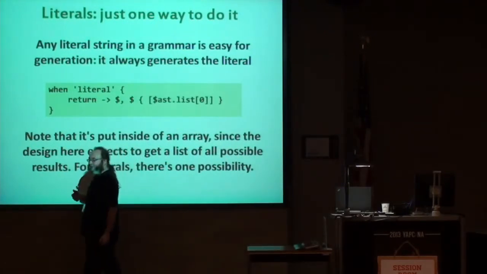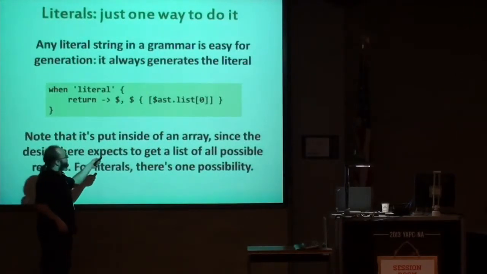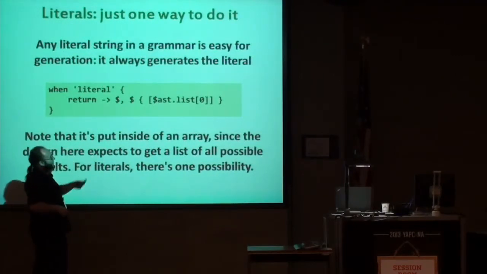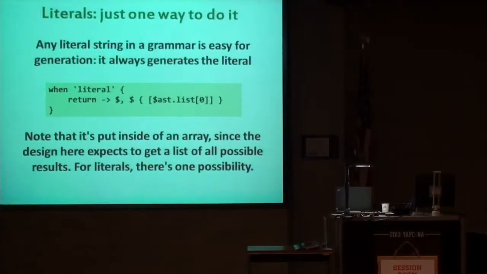And we always should return a lazy list. But in this case, we don't need to care about the lazy because there's just one thing in it, which is the string. So this sort of icky aside, basically all we're saying is, the way that you generate the text for a literal is you just give back the literal string. So there's only one possibility there.